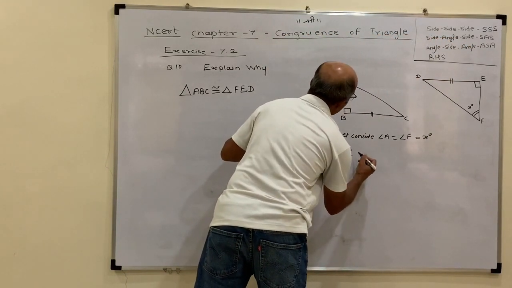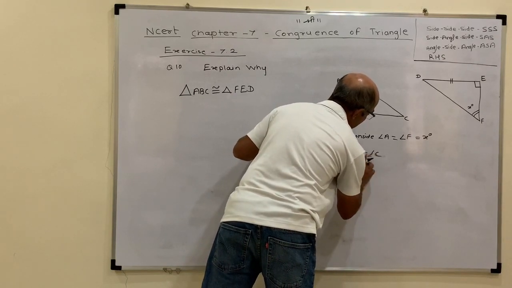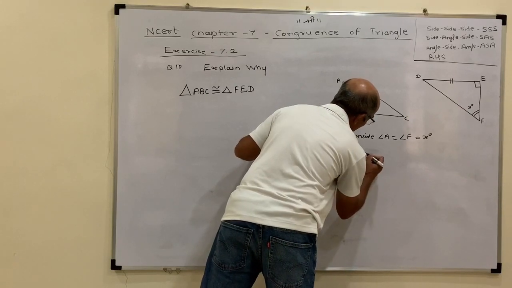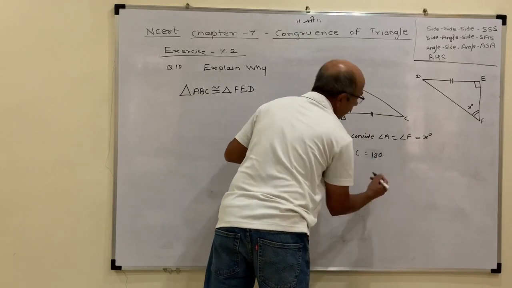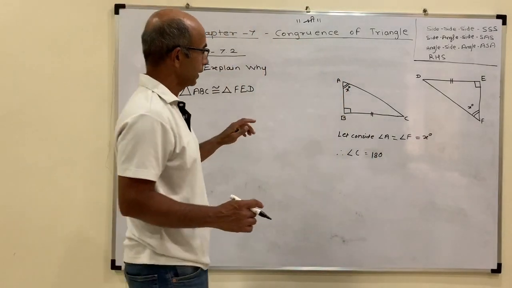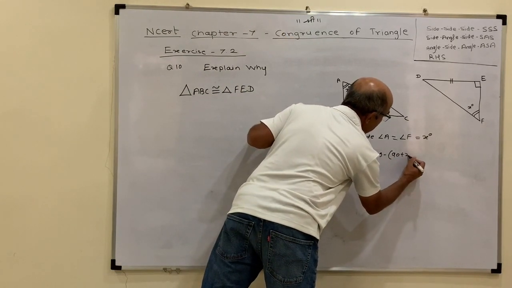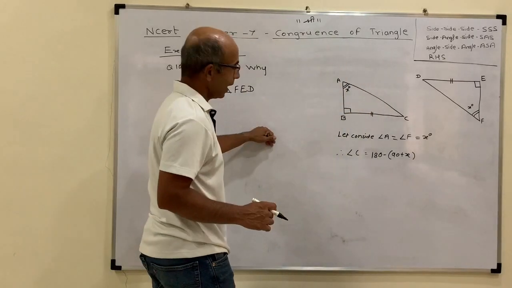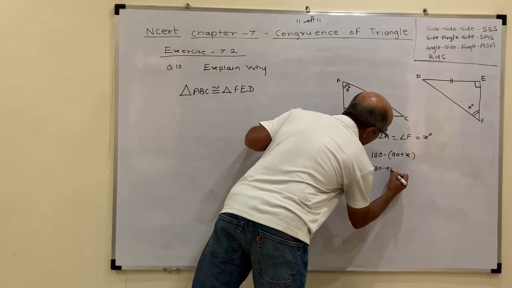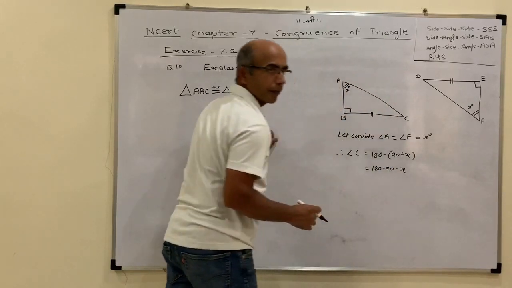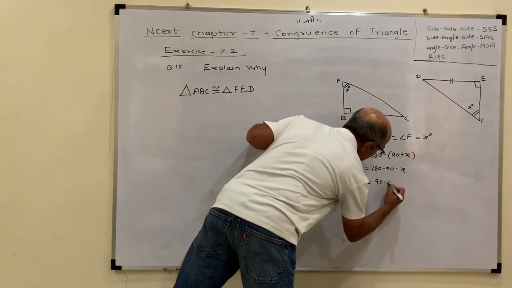Therefore angle C, what will happen in this triangle? The sum of 3 angles of a triangle is always 180. So angle C will be 180 minus (90 plus x), which is 180 minus 90 minus x. Therefore my angle C will be 90 minus x.